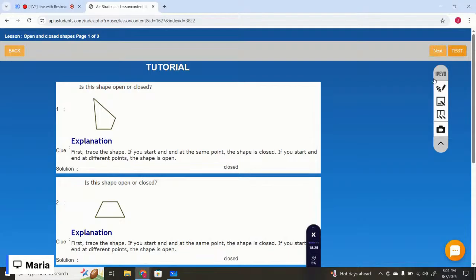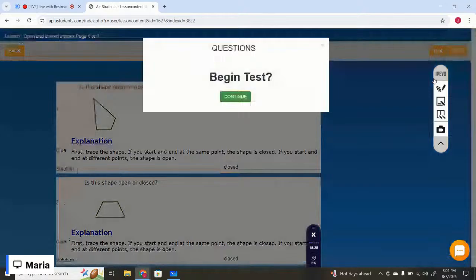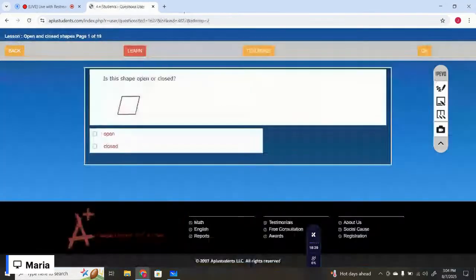Let's just start with the test questions. Is the shape open or closed?